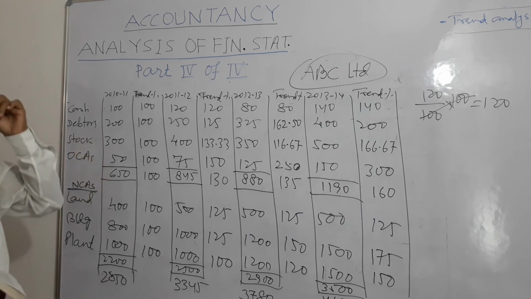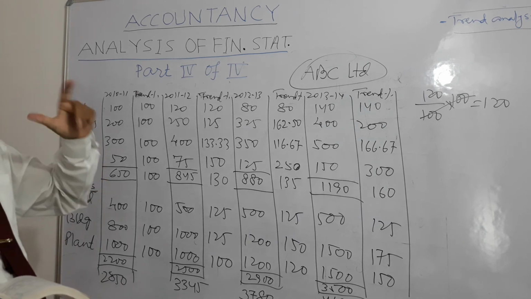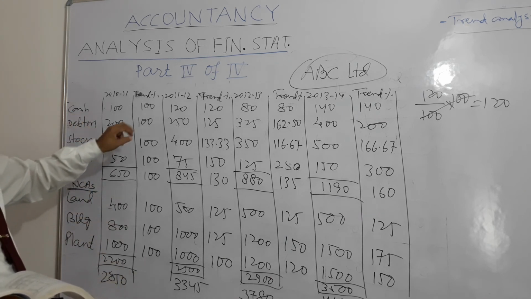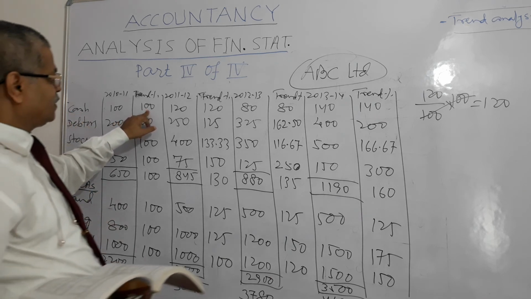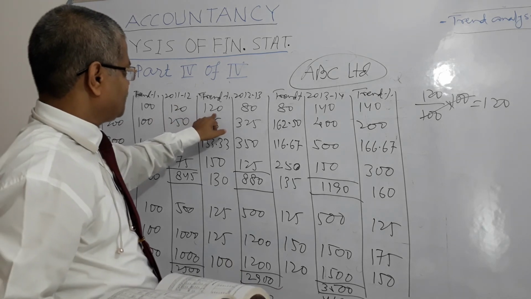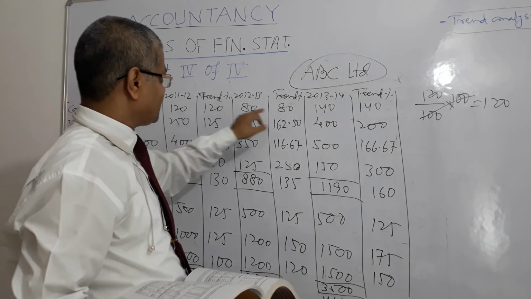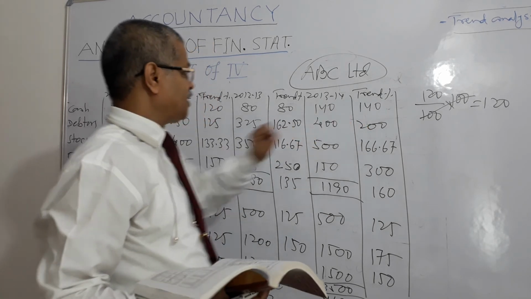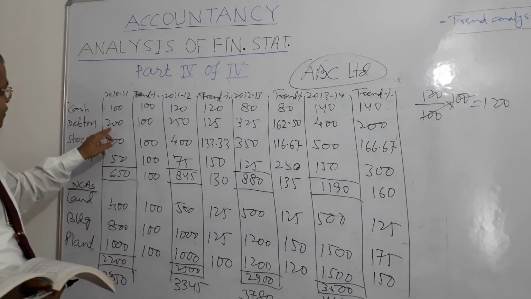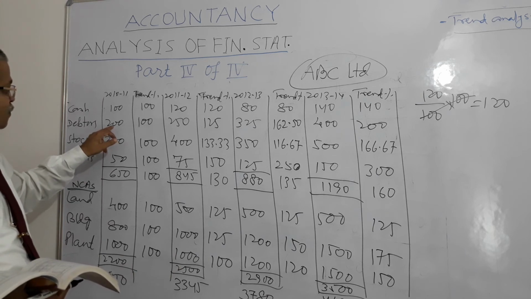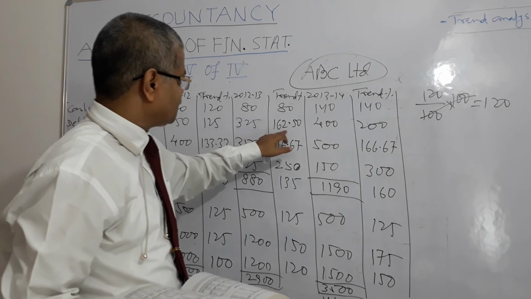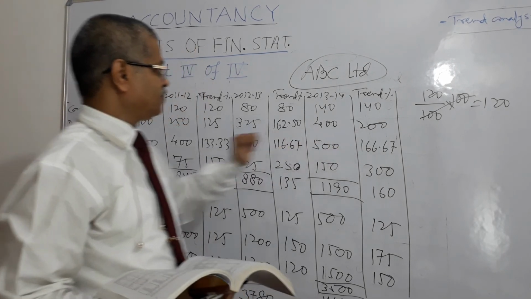So this way we see how the trend percentage has changed. In respect of cash, from 100% it has become 120%, increased, then it has declined to 80%, then it has increased to 140%. In respect of debtors, from 100% it has increased to 125, then 162.5, then 200, right?